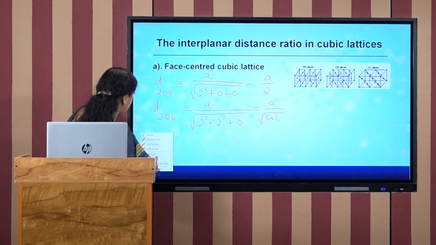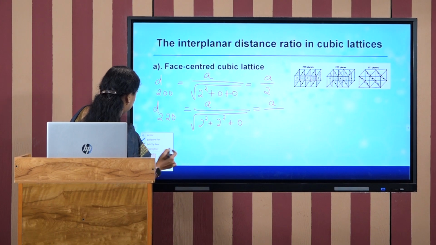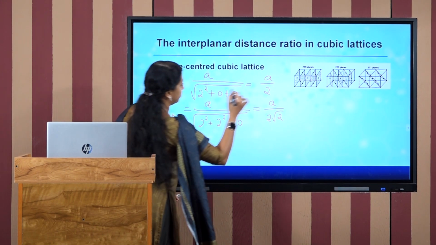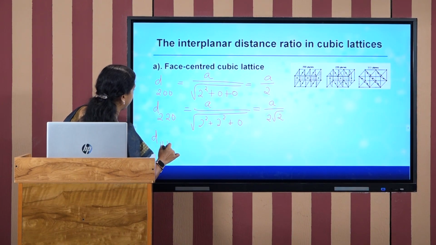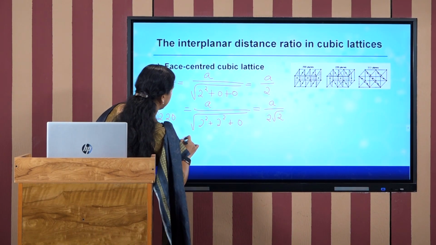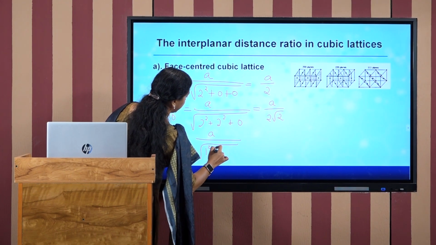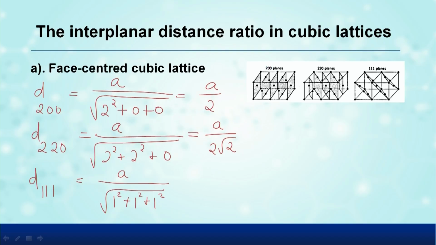So, instead of root 8, we may represent it as 2 root 2. Now, the last is the D111 plane. So, that is equal to A by root of 1 square plus 1 square plus 1 square, which is equal to A by root 3.